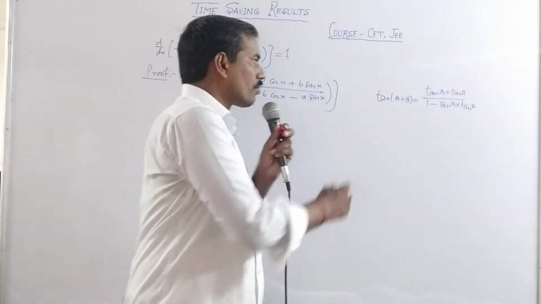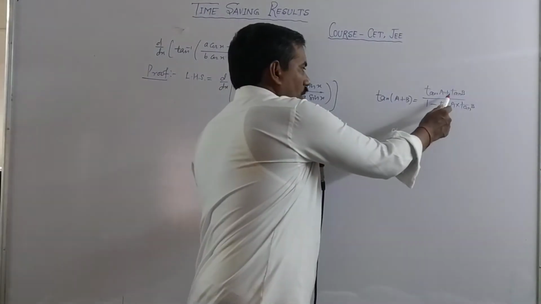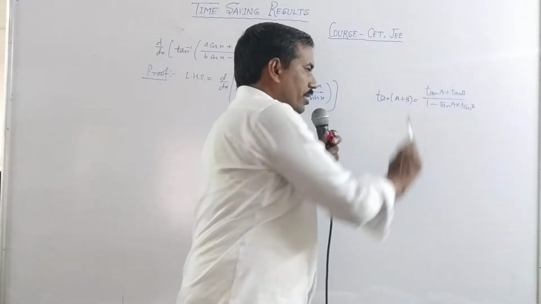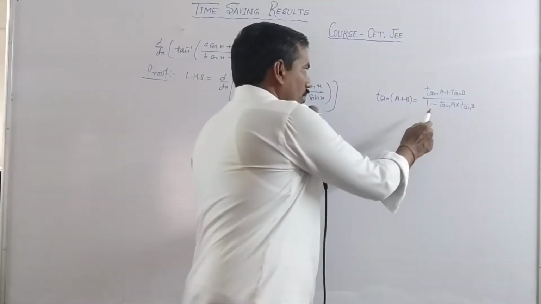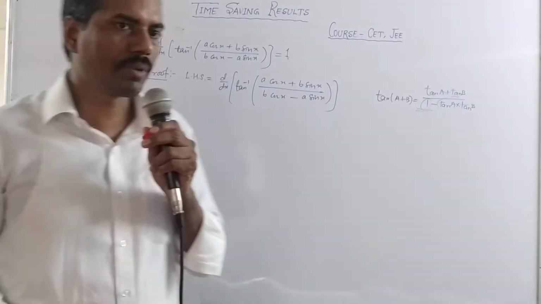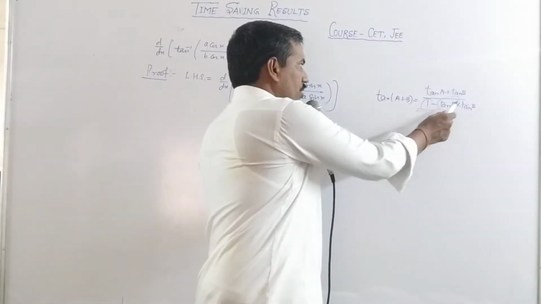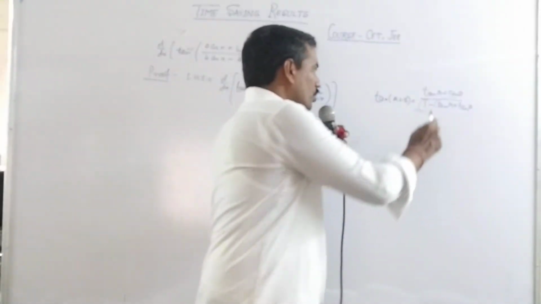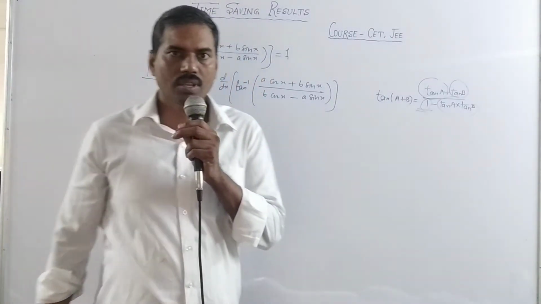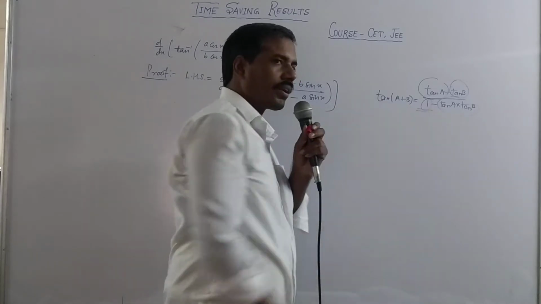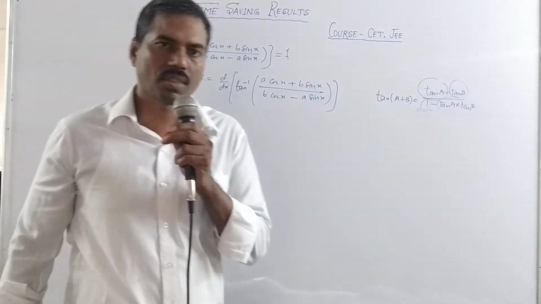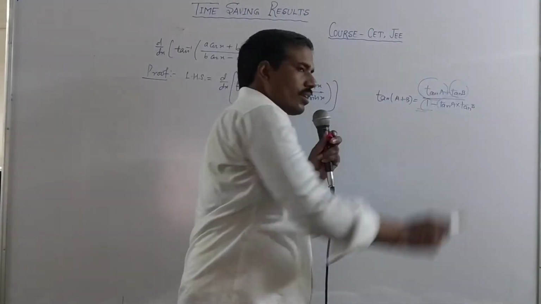If we observe this formula, there is a plus sign in the numerator and the opposite sign, negative, in the denominator. In the denominator there are two terms: the first term is 1, and the second term is the multiplication of both terms present in the numerator.